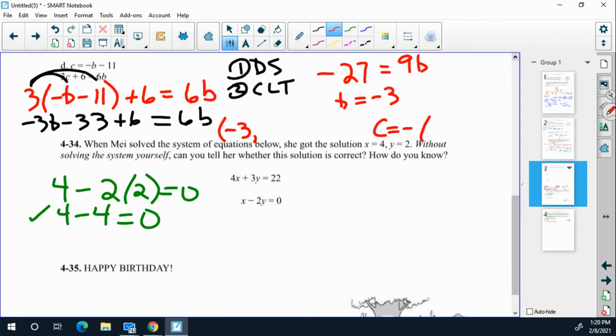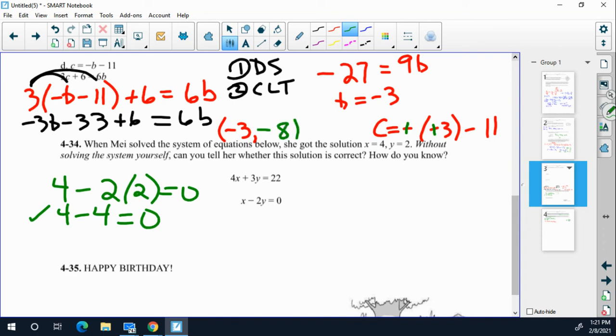So negative B, which is -3, parentheses, minus 11. A negative times a negative is a positive, good. And then 3 minus 11 is, right, -8.